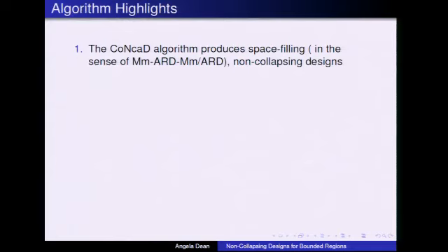So the highlights, we have space filling at the moment. What I've demonstrated is in the sense of maxi-min and average reciprocal distance, but you can replace that with your own criterion. The designs are non-collapsing. This scales up well in the number of dimensions because we're not adding complexity as we go from dimension to dimension.